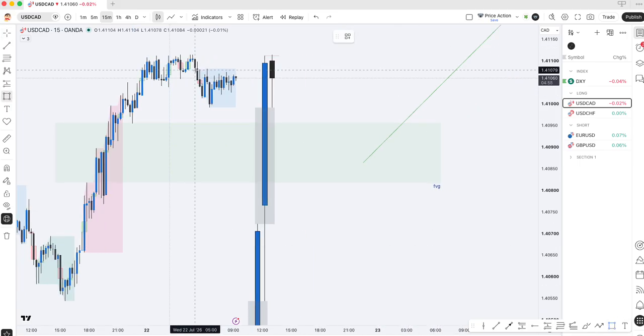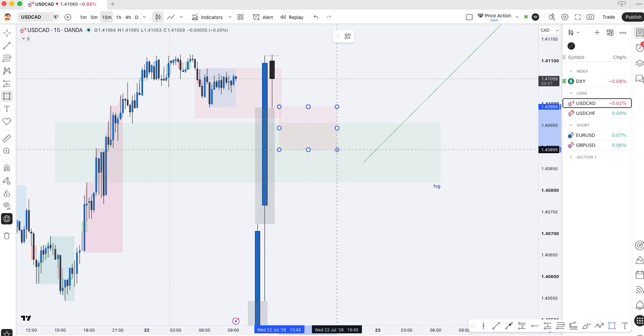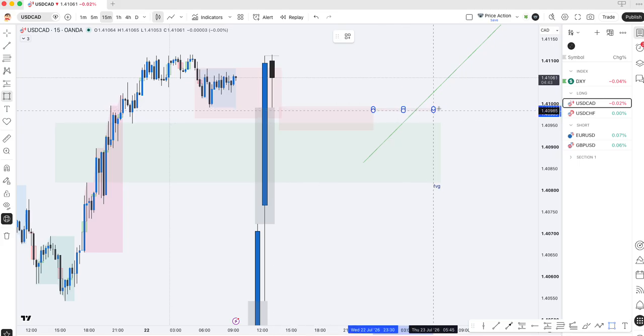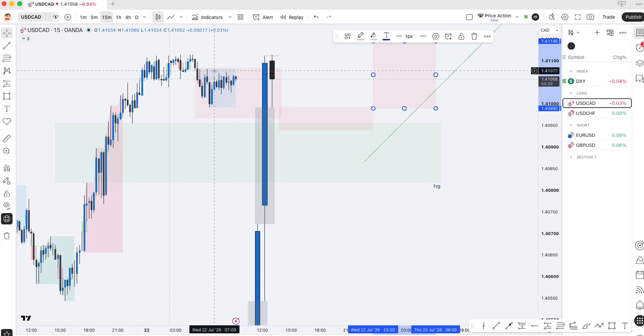So let's say Asian closes like this. London open, we manipulate, we go down, and then we close back up. And then either I take an entry here in the first 2 hours, or I take an entry in New York continuation. So price sideways, manipulation, and then we distribute to the upside.